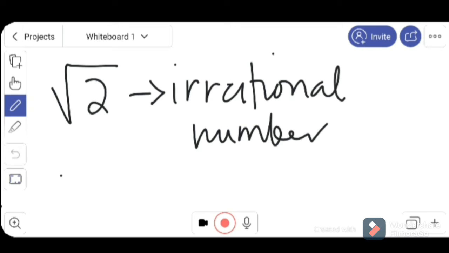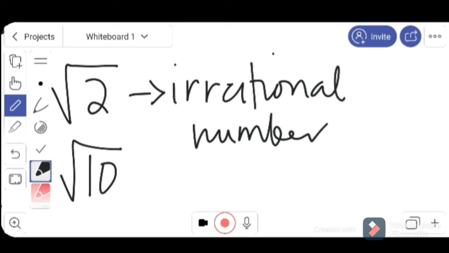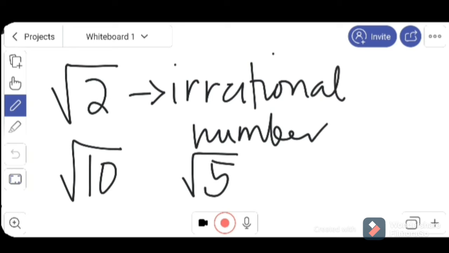How about the square root of 10? Is also an irrational number. How about the square root of 5? Also an irrational number.